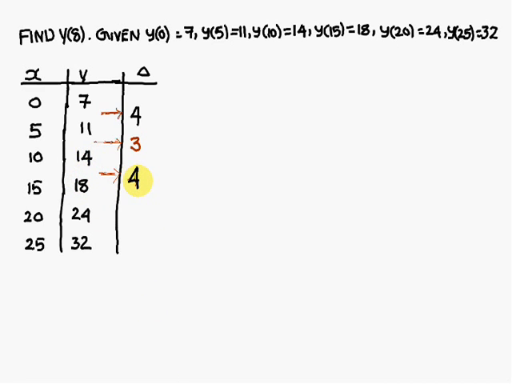You have to write this 4 in between these two values. Next, 14 minus 11 is 3, therefore you write the difference 3 in between the values 11 and 14. Next, 18 minus 14 is plus 4, you write it here. Similarly 24 minus 18 is plus 6, and 32 minus 24 is plus 8, you write it here.